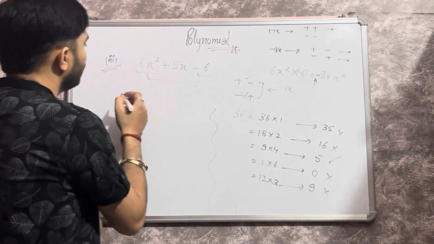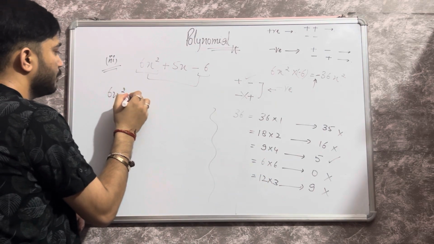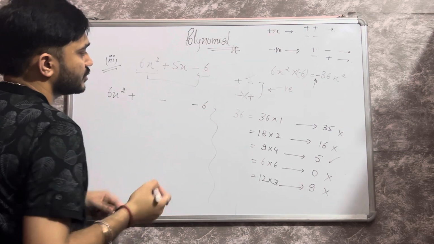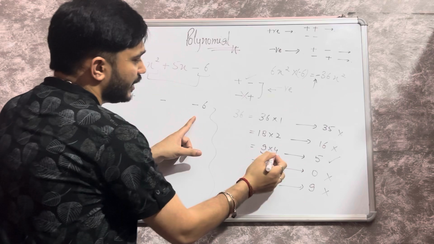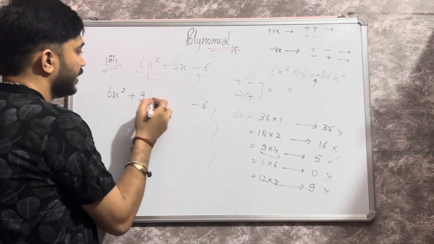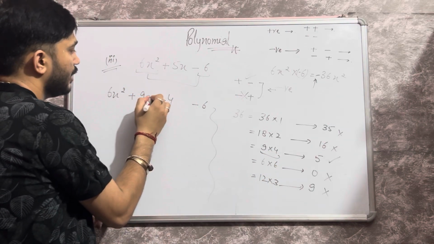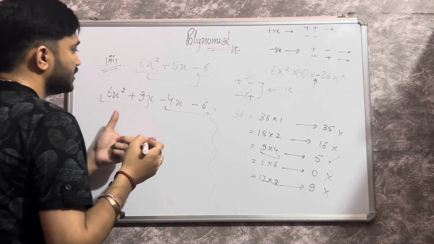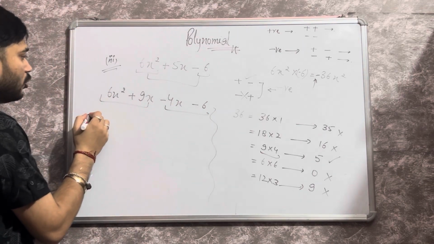9. So you are going to write it as 6x square plus, leave some space, minus, leave some space, and write the last term as it is. It is 9 into 4. So write 9 and 4 and x along it. Now pair the first two terms and the last two terms and take common from it.